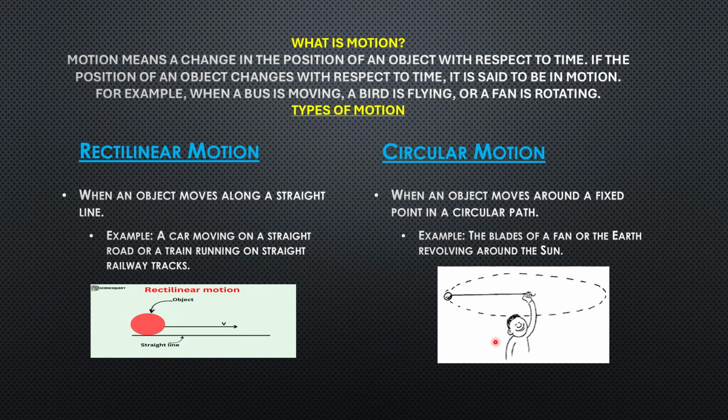It is said to be in circular motion if an object is moving in a circular path around a fixed point. Similarly, when an object is moving in a straight path, a linear path, with respect to time, it is said to be in linear motion.